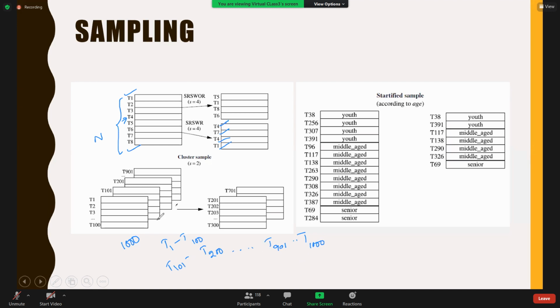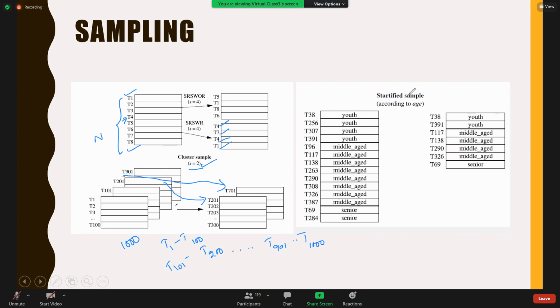Among these clusters, I am randomly selecting. S is given as 2, so 2 clusters are selected. If I select, I got the second cluster and the seventh one. You are grouping the data, and then after forming the clusters, you are randomly selecting the data from those clusters. So this is the cluster sampling technique.